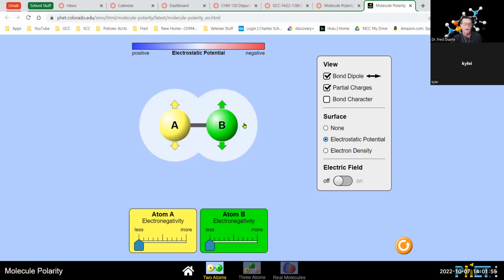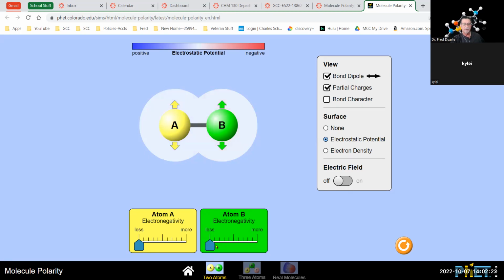Now, when one atom increases in electronegativity, it's going to start to draw the electrons onto itself. I'm going to shift over the B and increase its electronegativity. And notice that the color on the right side becomes red, darker in color, where on the left side, it becomes blue.